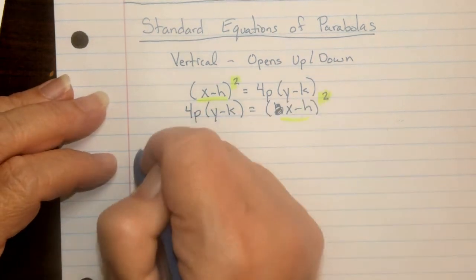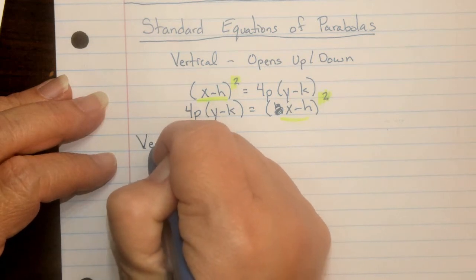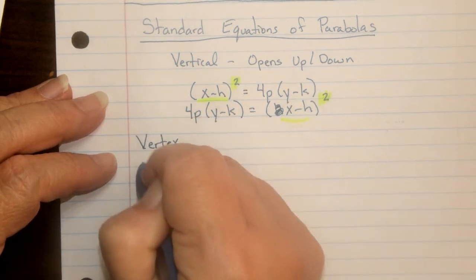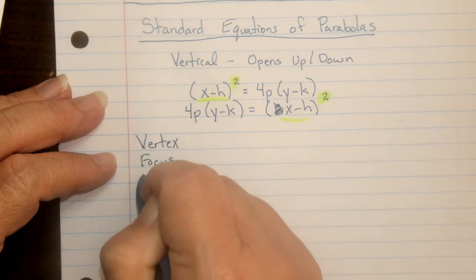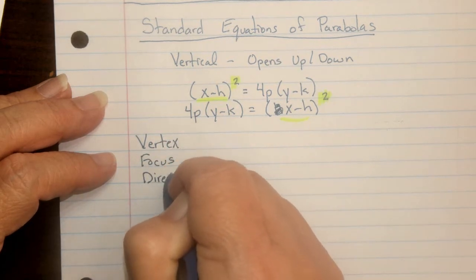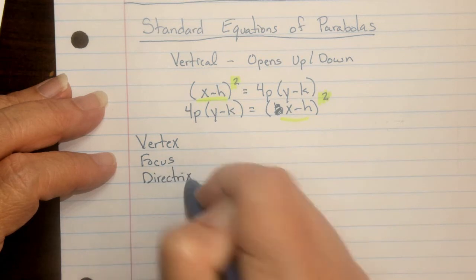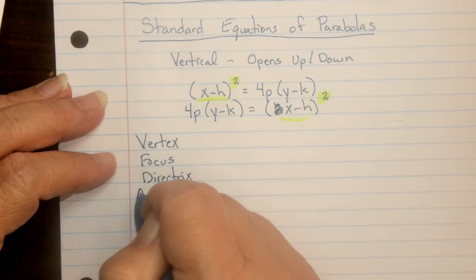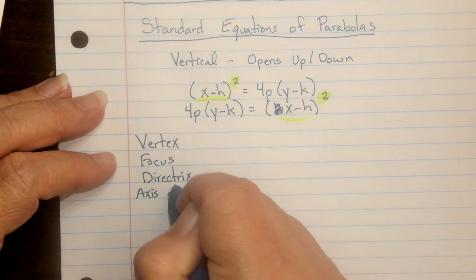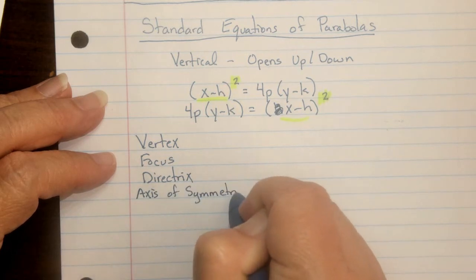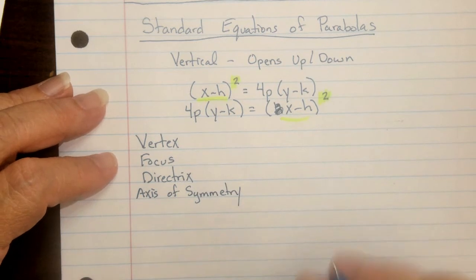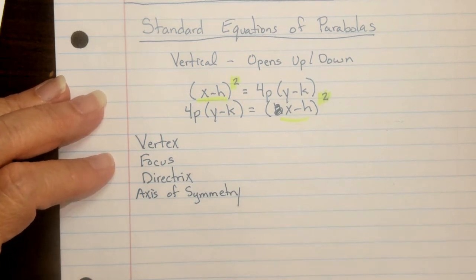From this information, we want to look at what's the vertex, what's the focus, what's the directrix, and what is the axis of symmetry. These are the four pieces of information that we're going to be looking at with these parabolas.